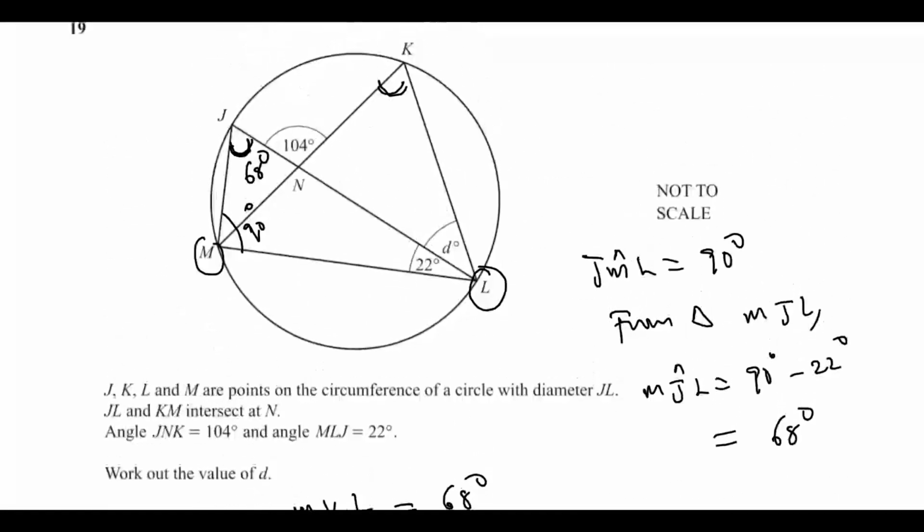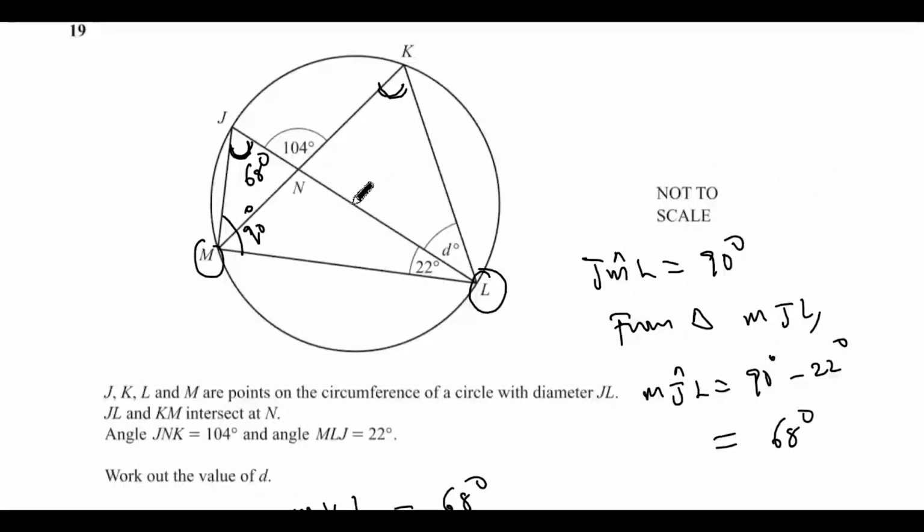If you look here again, this angle MNL is also 104 degrees, because vertically opposite angles are equal. So I can put X here. This one too will also be X, because they are vertically opposite angles.